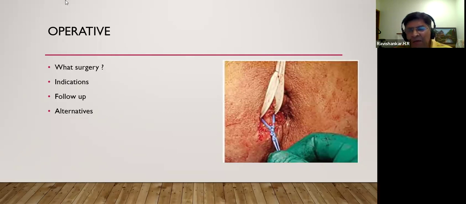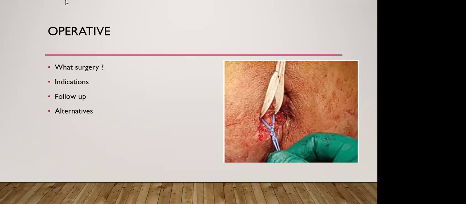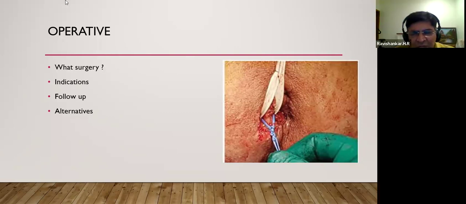It's multiple, man. Usually in Crohn's fistula, you will have multiple fistulae. That is why whenever you see multiple fistulae, you don't think it is cryptoglandular, because cryptoglandular is usually single. It can branch and all that, it can be complex, but it is usually single. The external opening will always be single. If it is multiple, always suspect secondary, especially Crohn's disease.